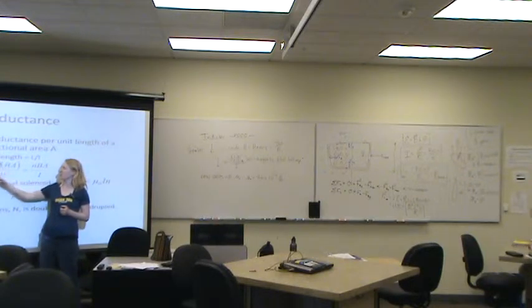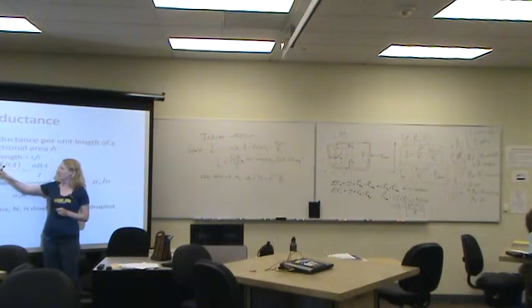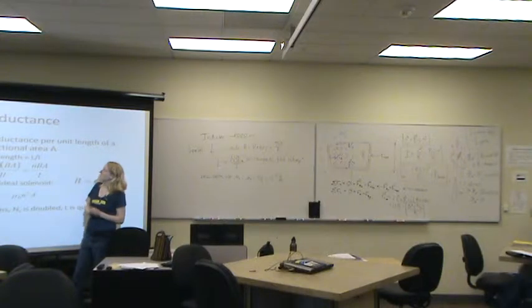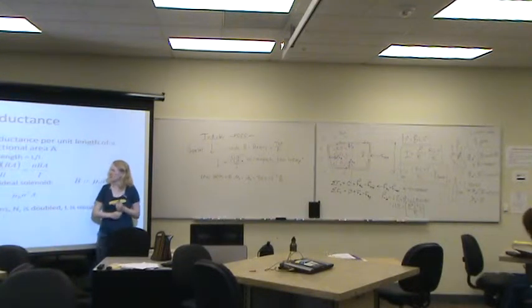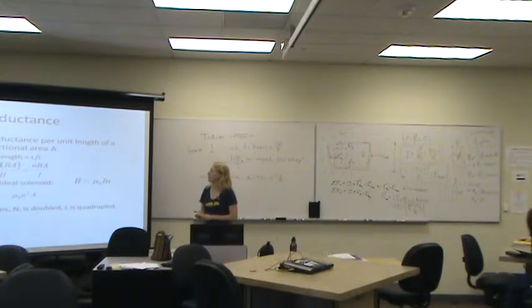Last week we said the total number of turns is equal to the number of turns per unit length, times the length. So that gets a length in the numerator as well. Then our simplified flux was B times A, so this l and this l will cancel. Now we have a relationship between the turns per unit length and B and A and I. That's something that might come up.